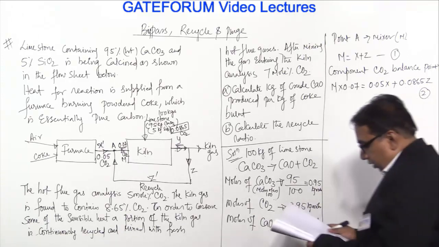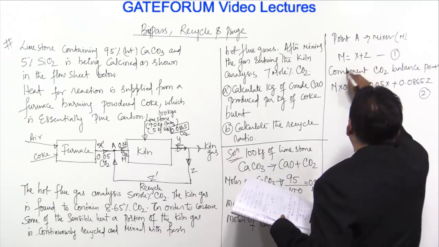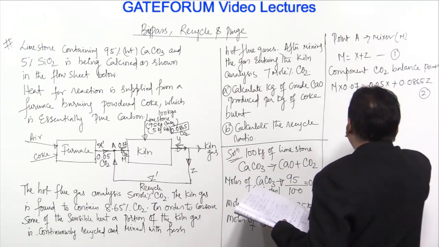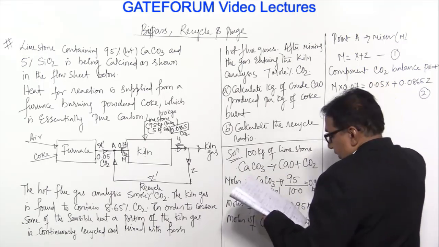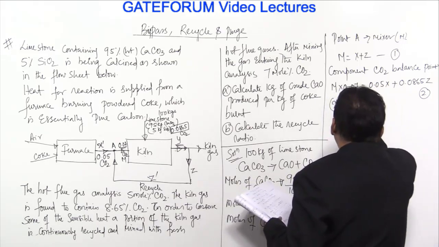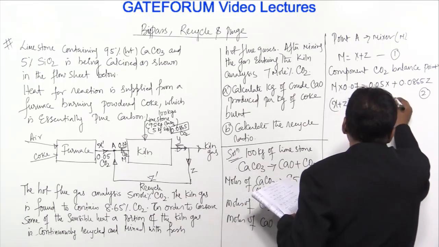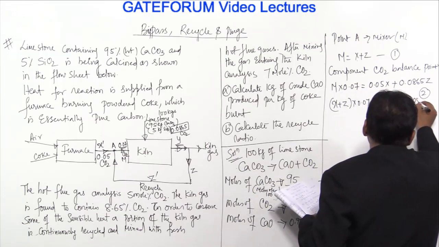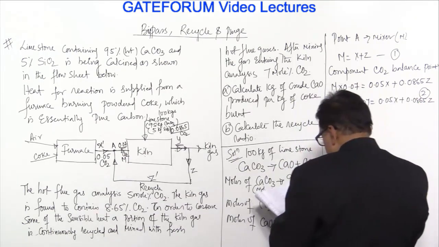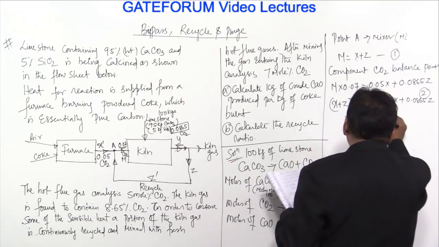Okay. Now, using equation 1, here X plus Z is 0.07. So if you solve this, Z is equal to 1.212x.